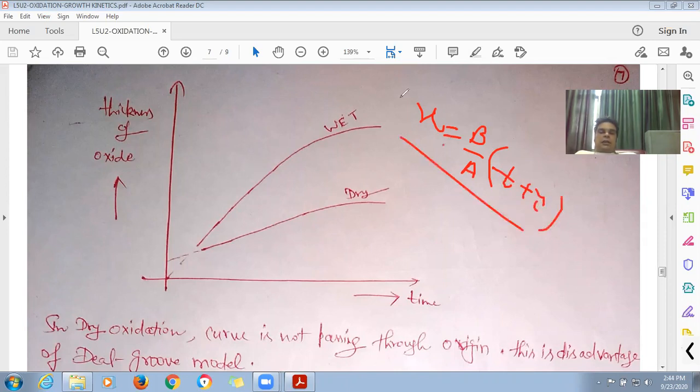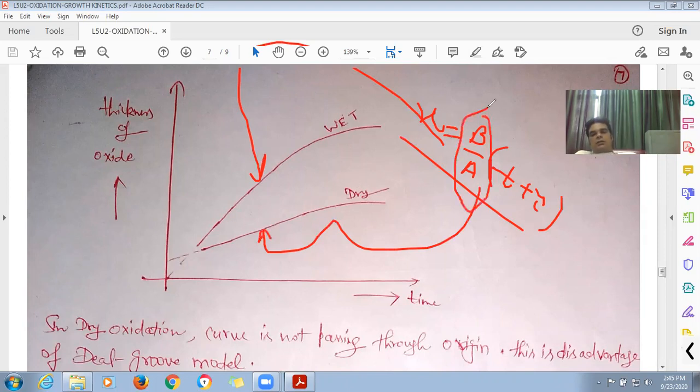So this linear relation is described here and here also. Because in dry oxidation the value of the linear rate constant is very low in comparison to wet oxidation, that's why we have a thinner oxide layer in case of dry oxidation.